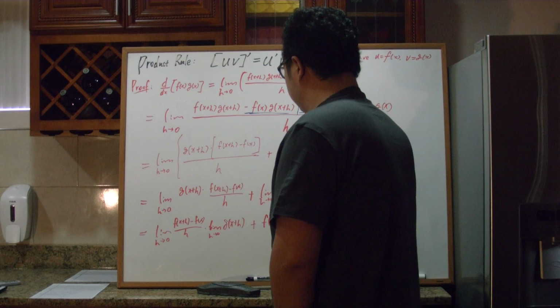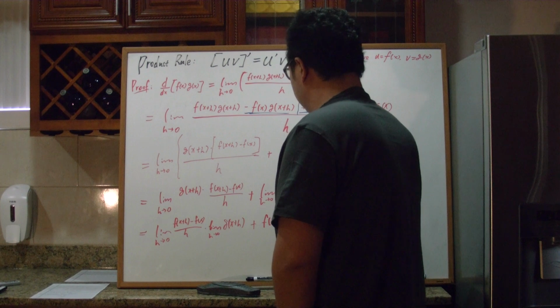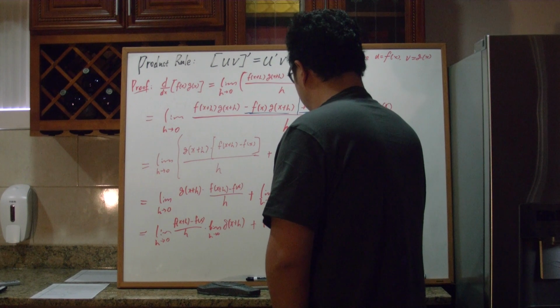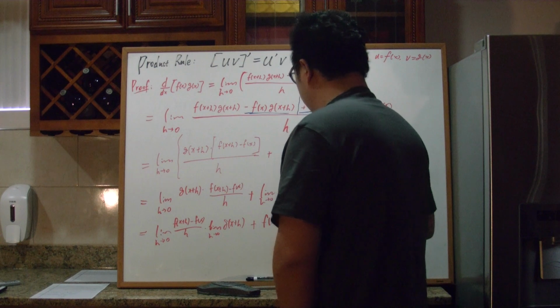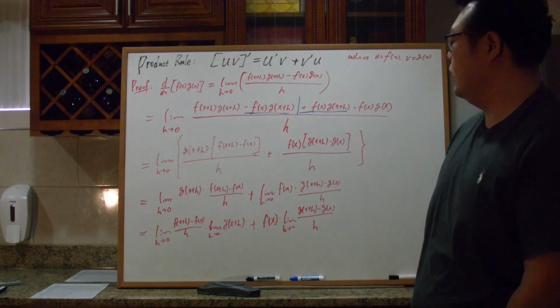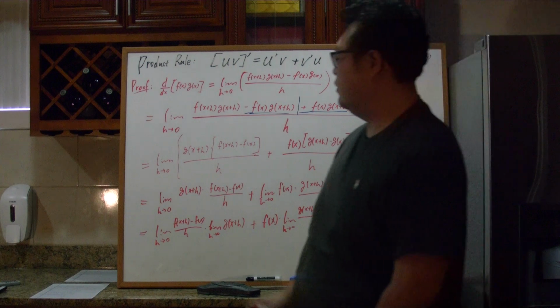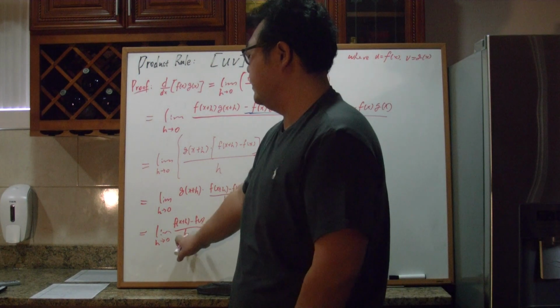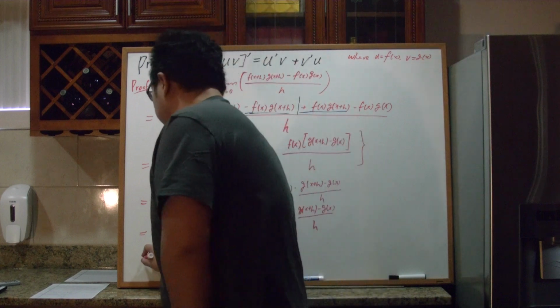And the limit as h goes to 0 of g of x, right, that one we separated, and we get this part, f of x plus h minus f of x over h, which is the definition of f prime.